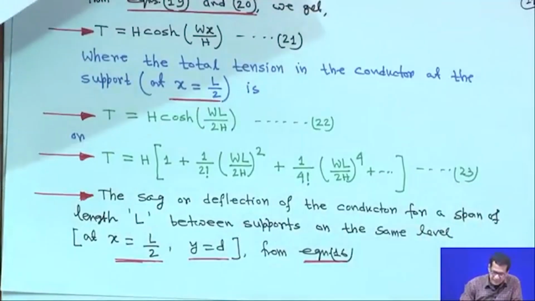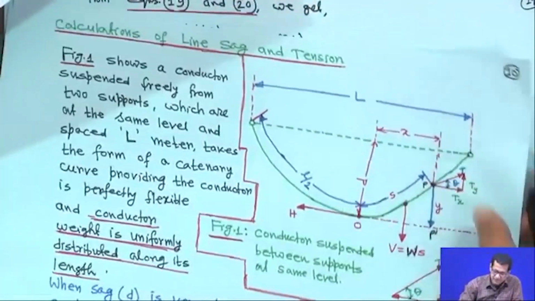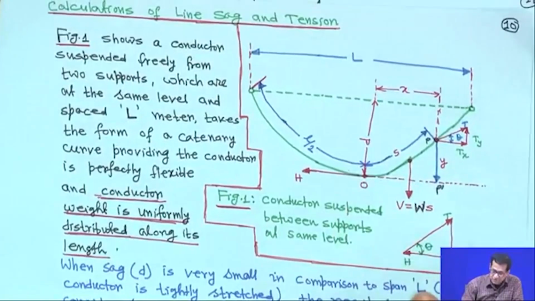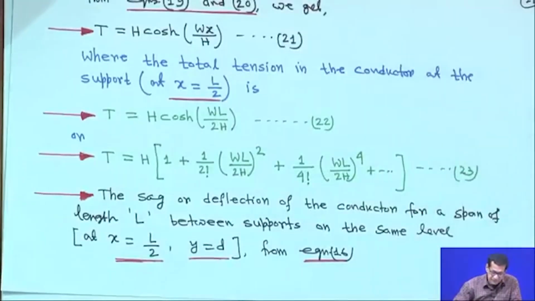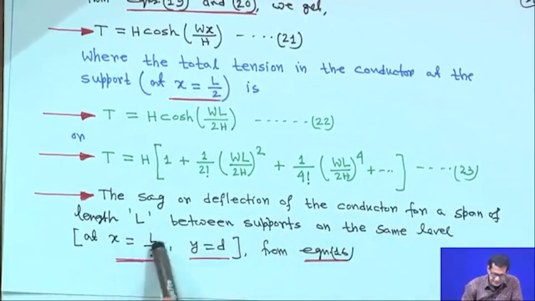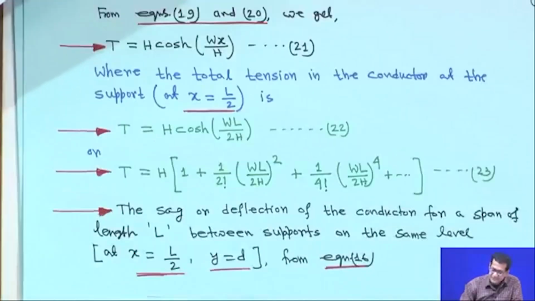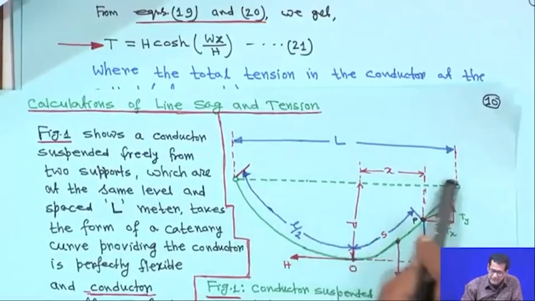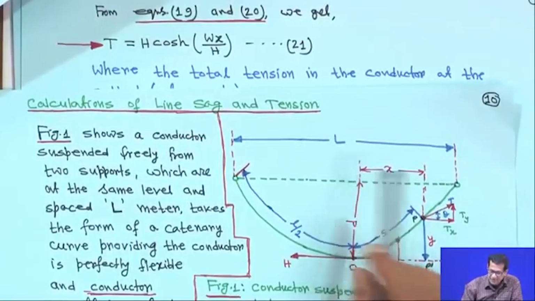And this is the diagram, figure 1. So, the sag or deflection of the conductor for a span of length L between supports on the same level, that is at x is equal to L by 2, y is equal to d. That means, the total is L and half is L by 2.